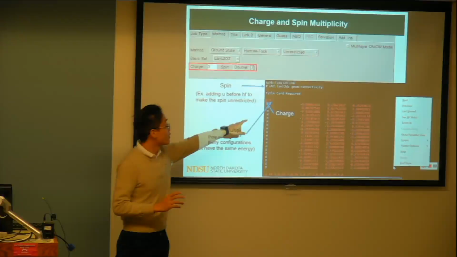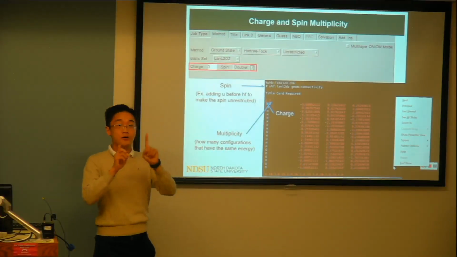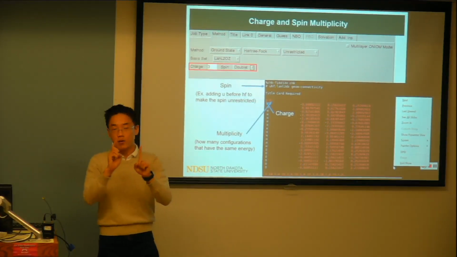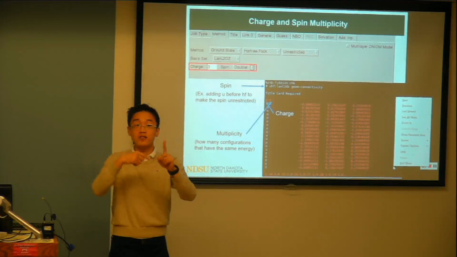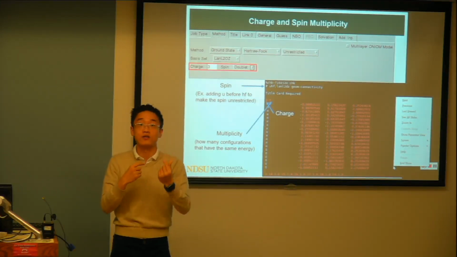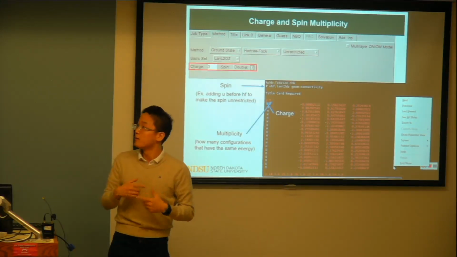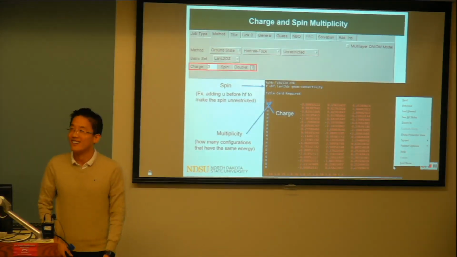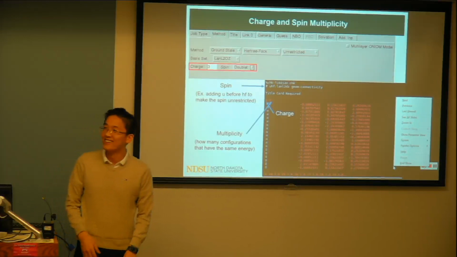And also the second value means the multiplicity. It means, for example, if the value is 2, there are 2 configurations which have the same energy. For example, 1 spin up and 1 spin down, which means there is only 1 free electron in the molecule.